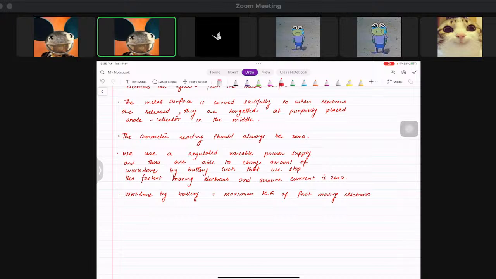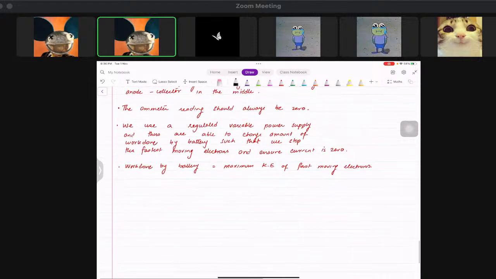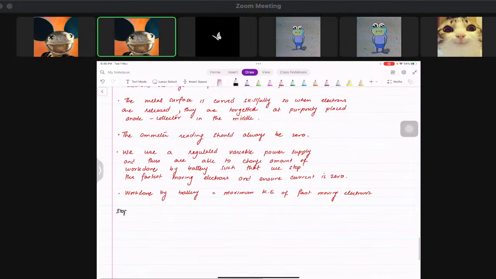Okay, now, the next thing you should basically write is about the stopping voltage, and this definition comes all the time.